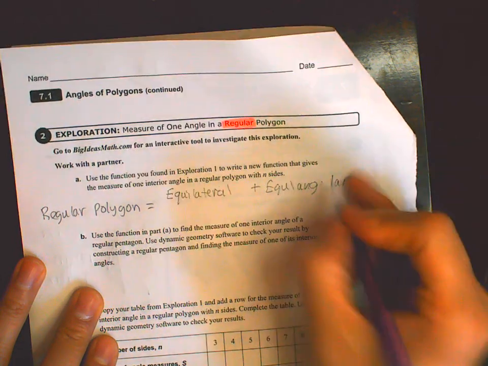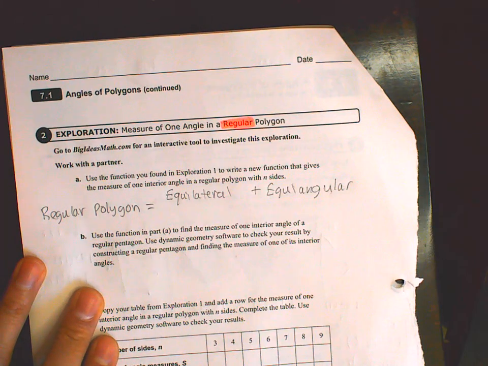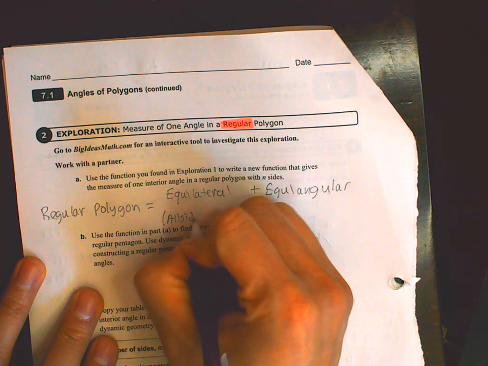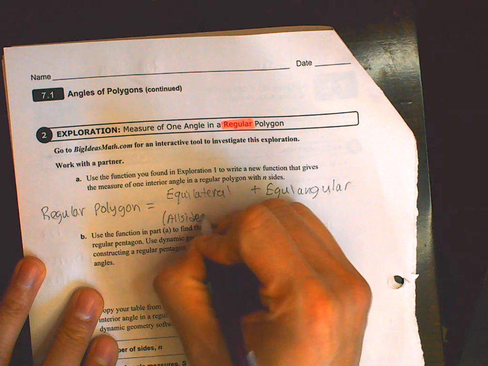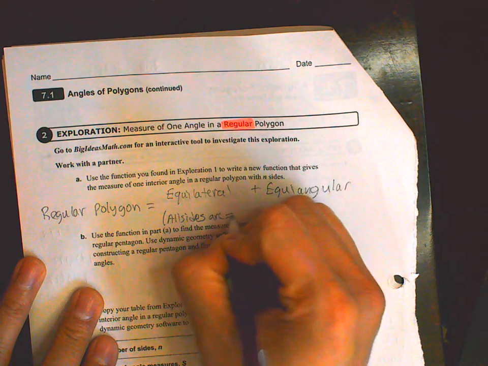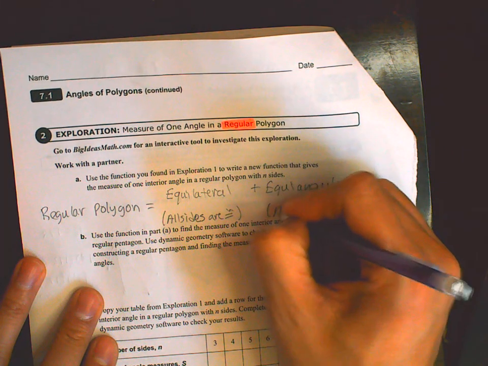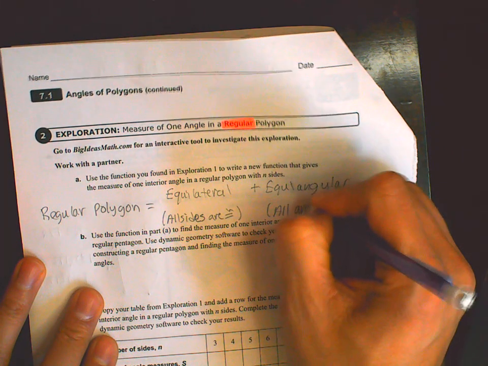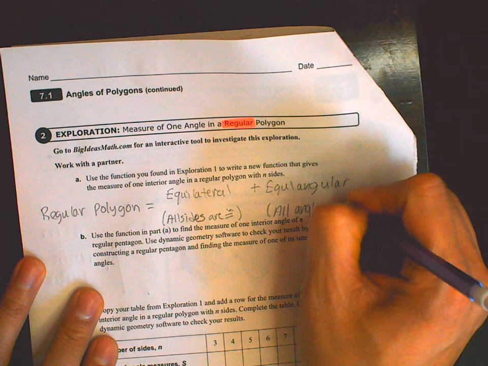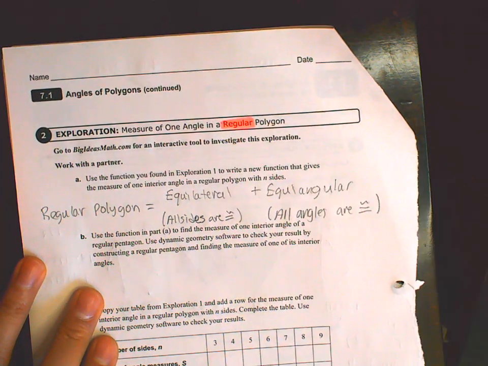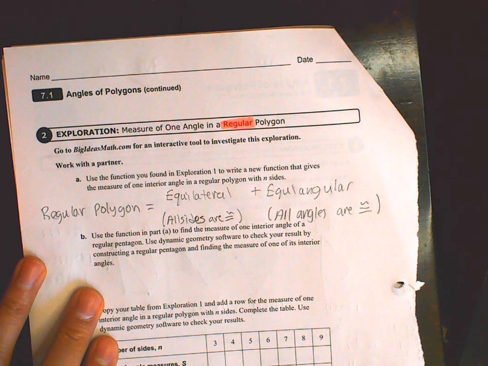It means that all the sides of the polygon are congruent. So all sides are congruent. Equiangular, all angles are congruent. A perfect example of this would be, for example, the equilateral triangle or the square.